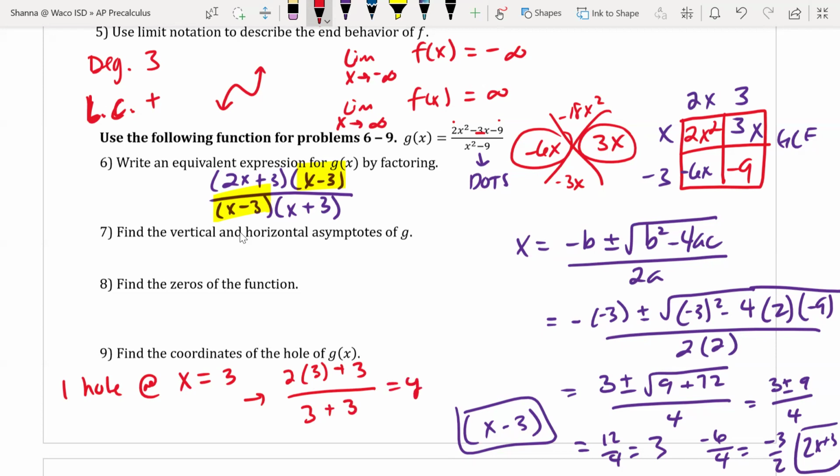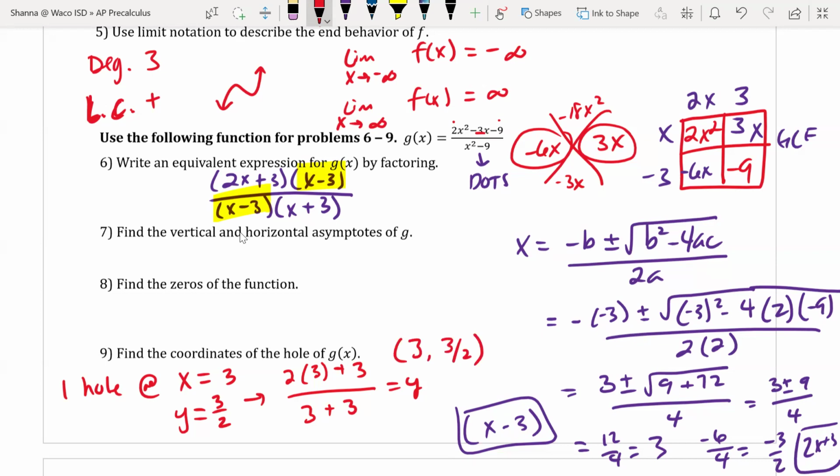So 6 plus 3 is 9, 3 plus 3 is 6, so 9 over 6 gives my y value, which is 3 over 2. So therefore the ordered pair for the hole would be (3, 3/2). Does that make sense? Okay.